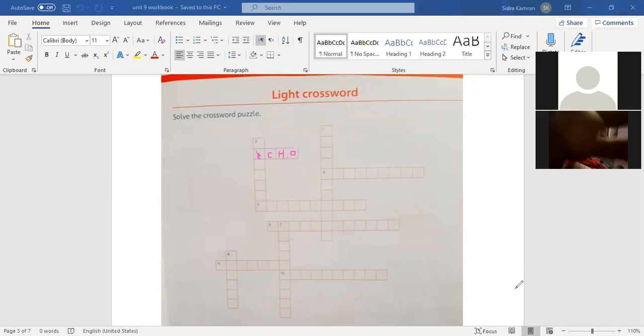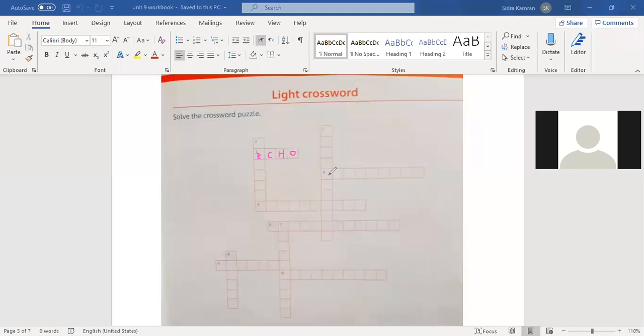Maheen, what happens when heat is given off by an object? Radiation. Answer is radiation. So here you have to write this radiation across the 4.